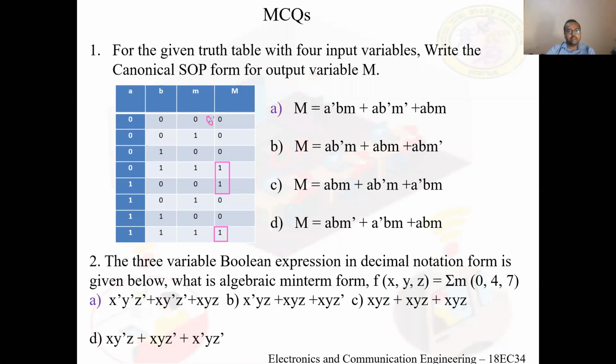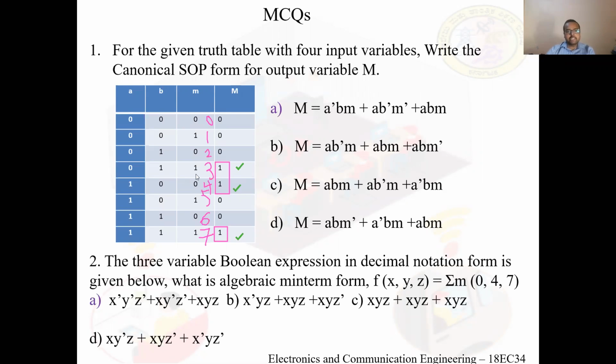Write this one: 0, 1, 2, 3, 4, 5, 6, and 7. So what we have now? It is 3, 4, and 7. Right? Now 3 and 4 and 7.